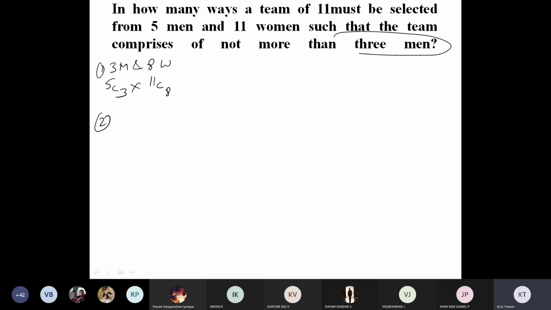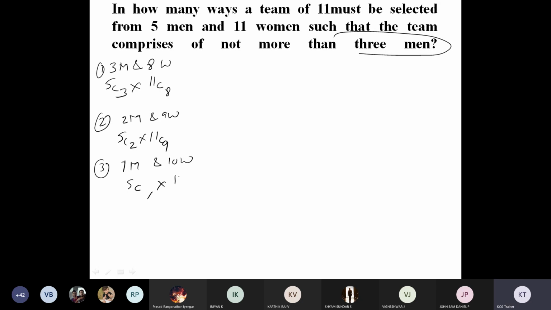The next possibility, as they told, maximum 3 men. Now we have to go less than 3 men. 2 men and 9 women, which can be done 5C2 into 11C9. Third one, 1 man and 10 women.